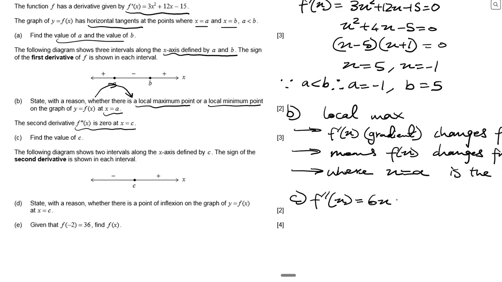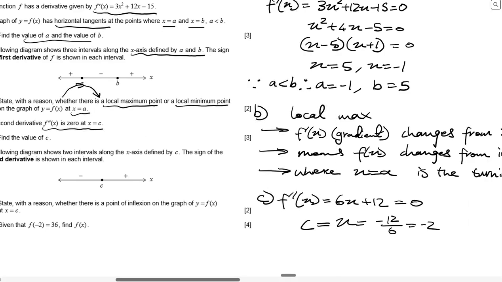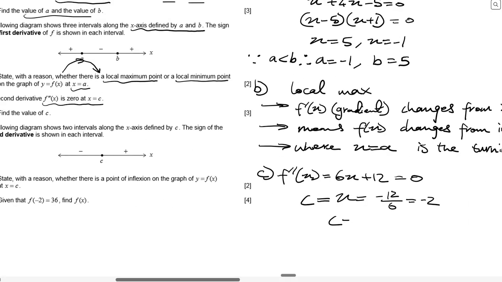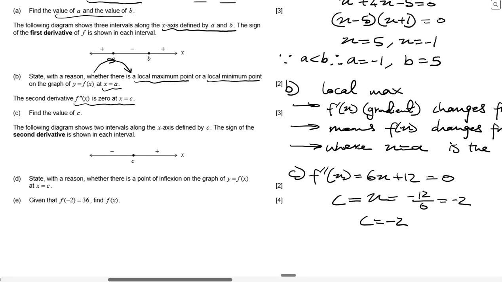So that's 6x plus 12, and that's 0. So x is equal to negative 12 over 6, which is negative 2. And that x is c, so c is equal to negative 2. And so that is our answer for c.